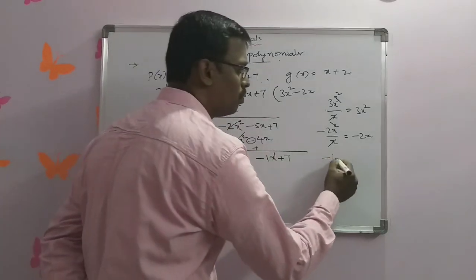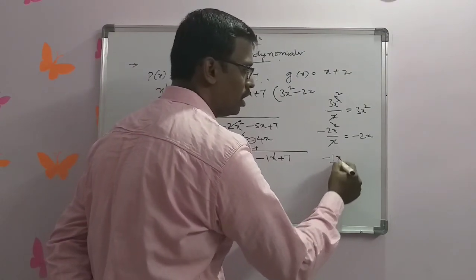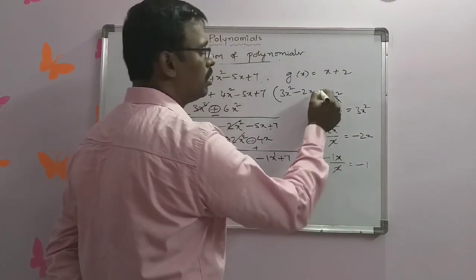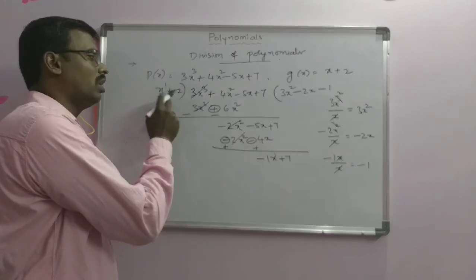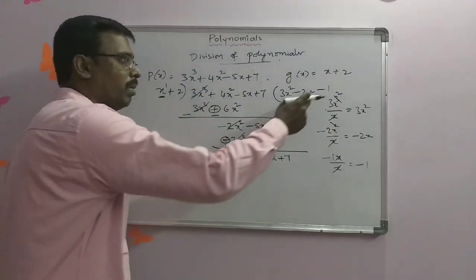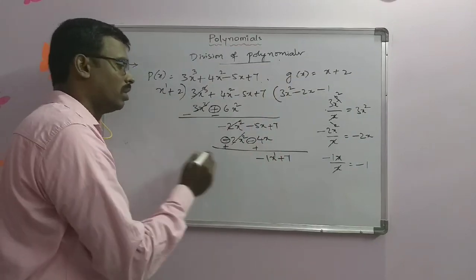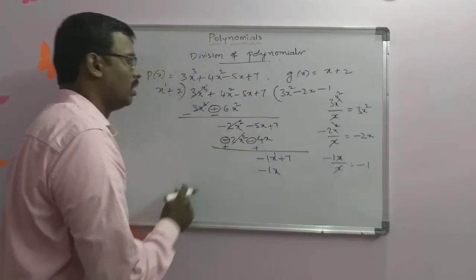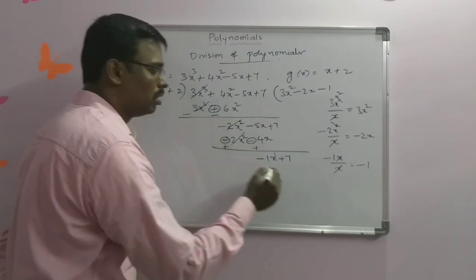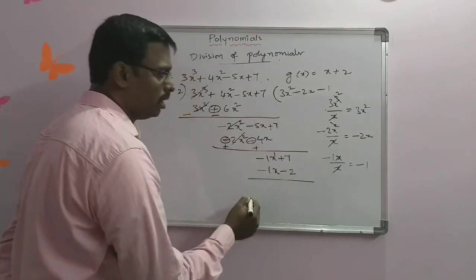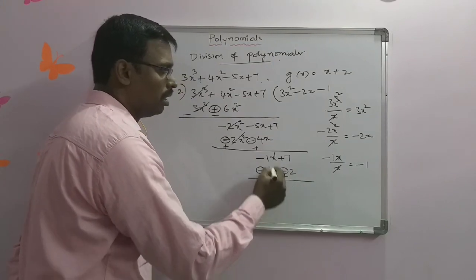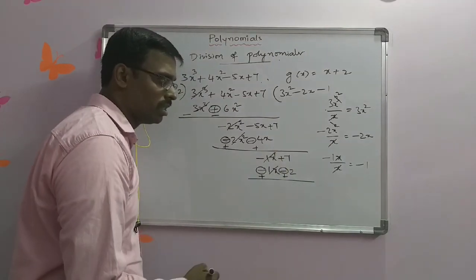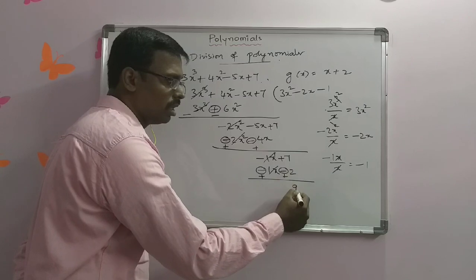This is minus 1x by x. X cancels, and this is minus 1. So write minus 1 here and multiply that minus 1 with your divisor. Minus 1 into x is minus 1x, minus 1 into 2 is minus 2. If I change the signs, the x terms cancel, and 7 plus 2 is 9.